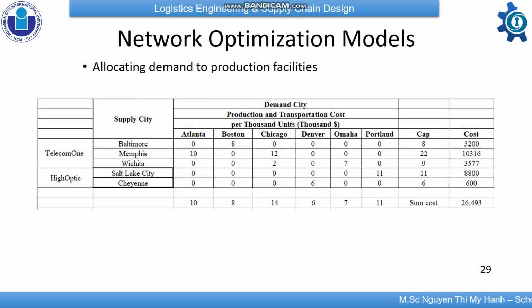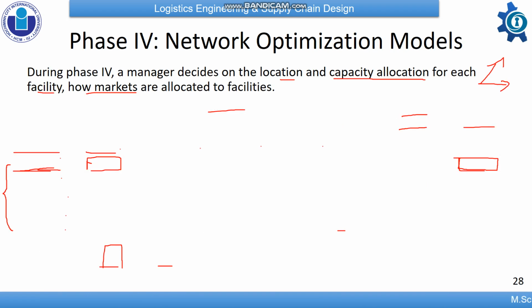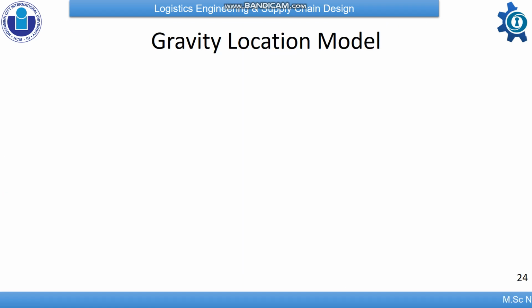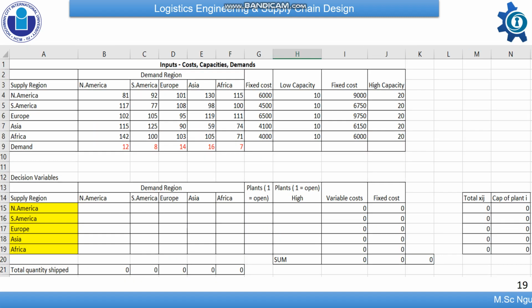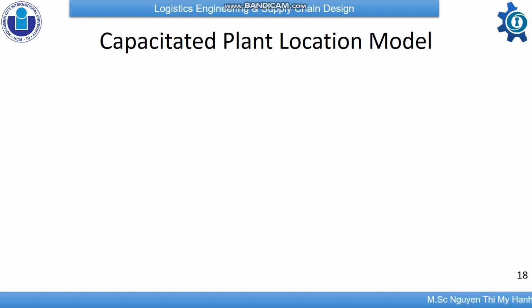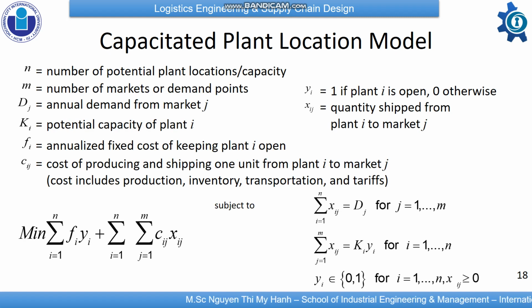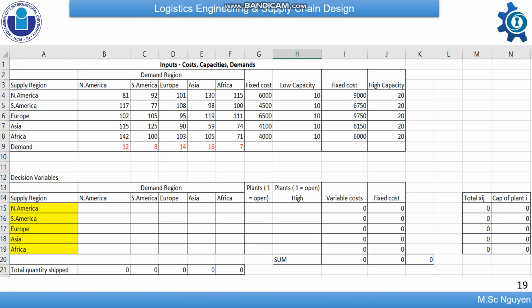And here it's the same as in phase 2, the capacitated plant location model, and we can use Solver or Cplex or Lingo to solve this problem.